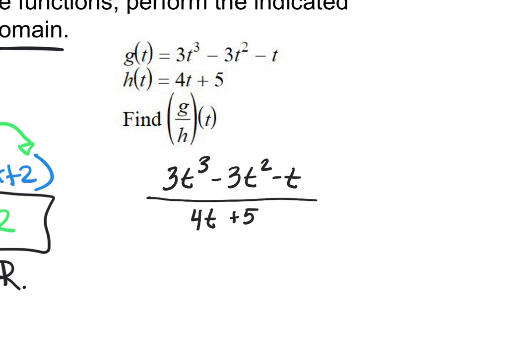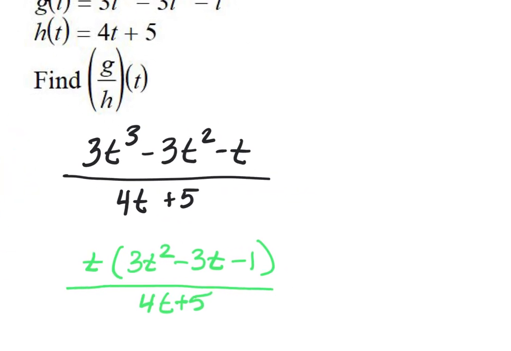On my top function, if I were to try and factor out a t, I would be left with 3t squared minus 3t minus 1 all over 4t plus 5. There is nothing in common. I cannot cancel anything out. Therefore, I would just leave it in terms of my fraction.